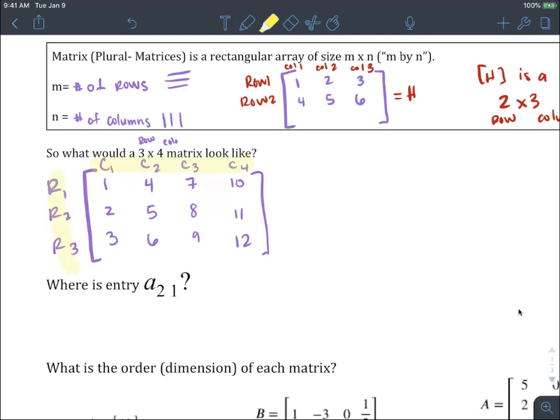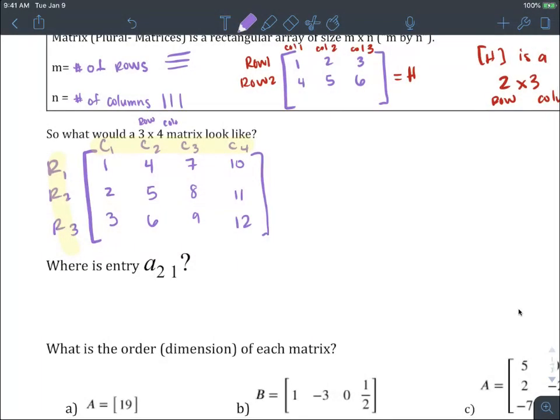Okay. So in the above, where would entry A sub 21 be? And this is not entry 21. What this means is this is your m value and your n value. So we're saying row 2, column 1.